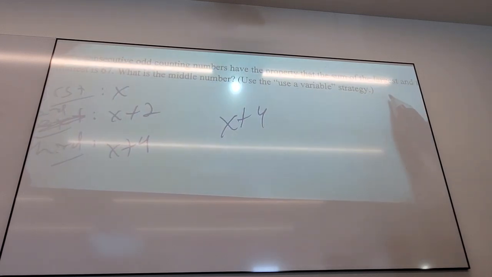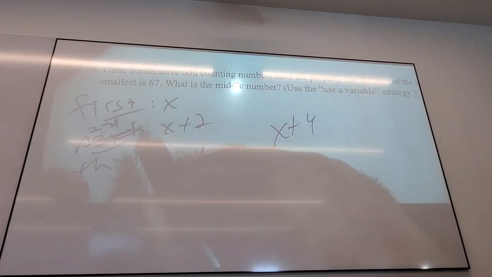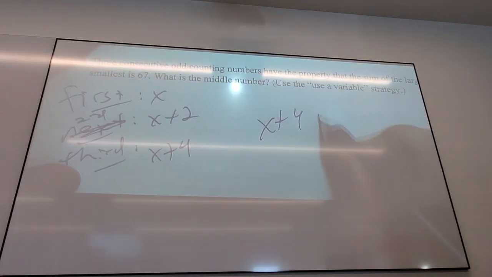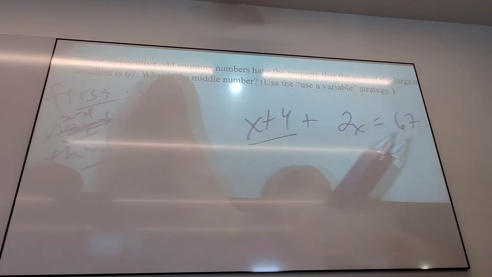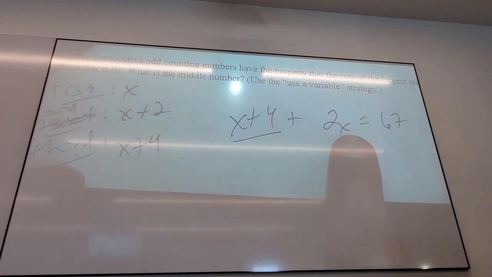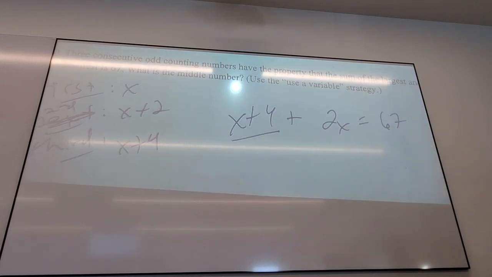The sum of that and twice the smallest one. So I take the largest one and add it to twice the smallest one. That's his English, and I translated it to Mathish: the largest plus twice the smallest is 67. You can read it like a sentence.